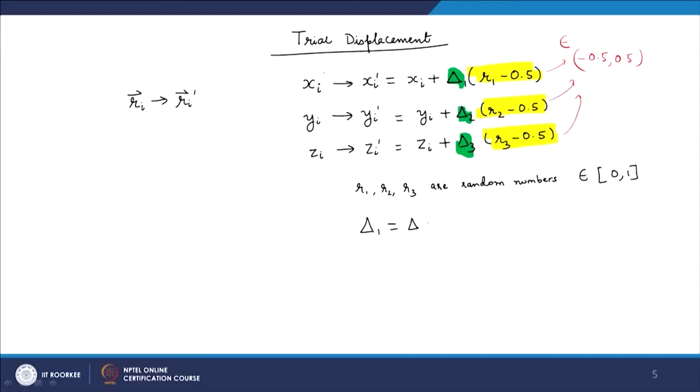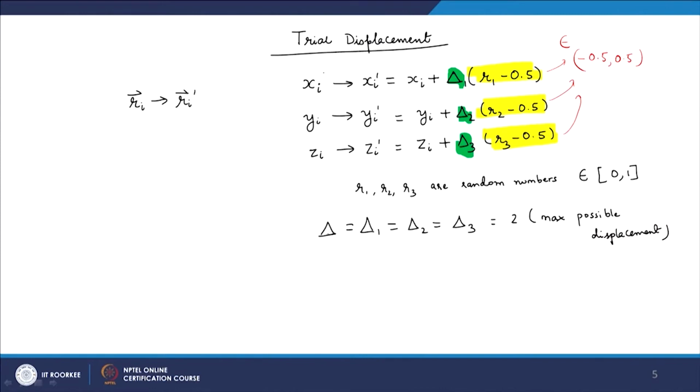So, we set delta 1 equal to delta 2 equal to delta 3, and this is 2 times the maximum possible displacement, because essentially you will go from minus 0.5 delta to plus 0.5 delta. So, now what should that delta be even if it is equal?